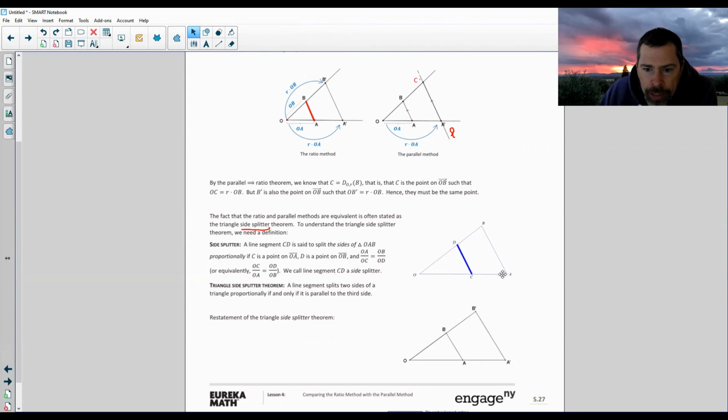And OA over OC equals OB over OD. So they're setting up a proportional ratio. The whole over the part equals the whole thing over the part. Or equivalent, OC over OA equals OD over OB. So you can either say the whole thing over the piece equals the whole thing over the piece, or the piece over the whole thing equals the piece over the whole thing.